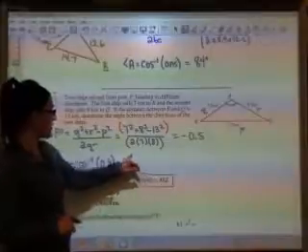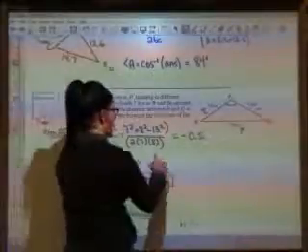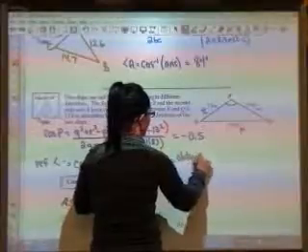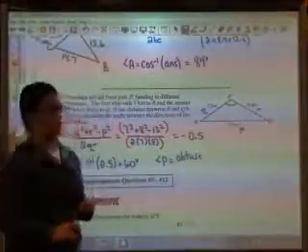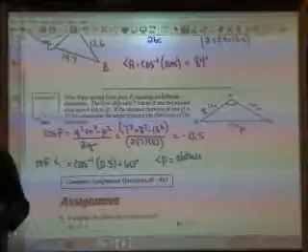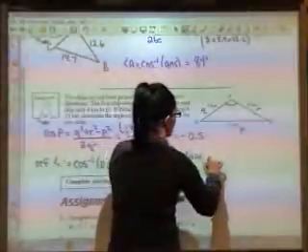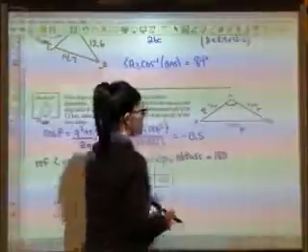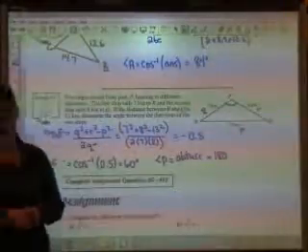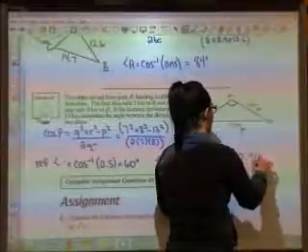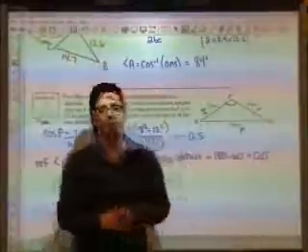So if my reference angle is 60 degrees, angle P has to be obtuse because it's opposite the longest side, which means it's going to have to be a larger angle. So it has to be 180 minus the 60. And it has to be 120 degrees.